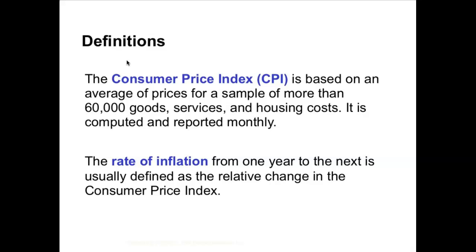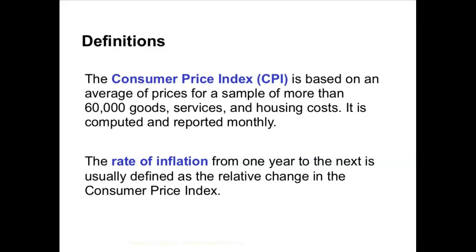And we actually use that to determine inflation, because as that number fluctuates, we can compare how much those same 60,000 goods, services, and housing costs cost from one month to the next, and that will give us some idea about the value of money from one month to the next. So the rate of inflation from one year to the next is usually defined as the relative change in the Consumer Price Index.